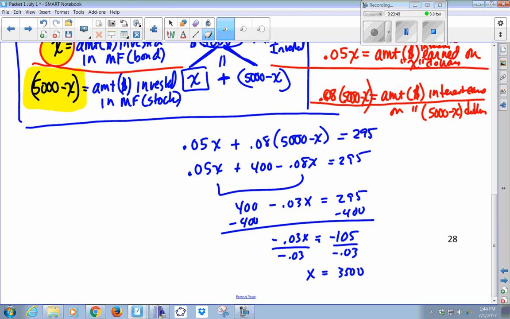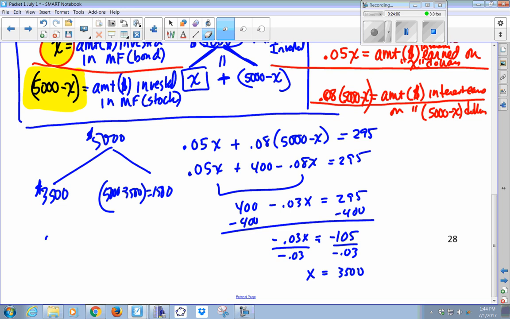So again, we go back to our diagram. We have $5,000 and we've invested 3,500 in the bond fund. So what's left over? 5,000 minus 3,500, which is the $1,500. Now you could also check it by saying it's 5% of 3,500 plus 8% of 1,500 equal to 295.